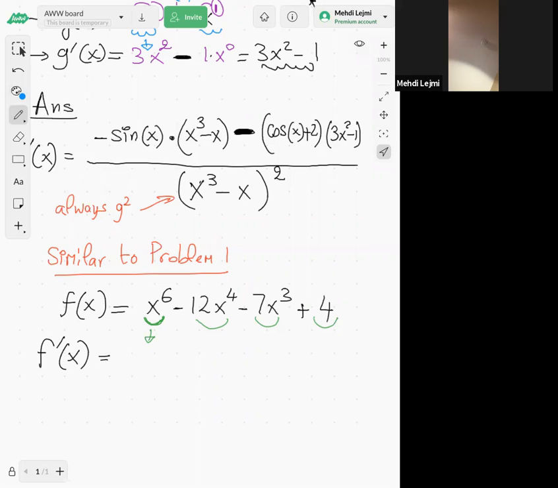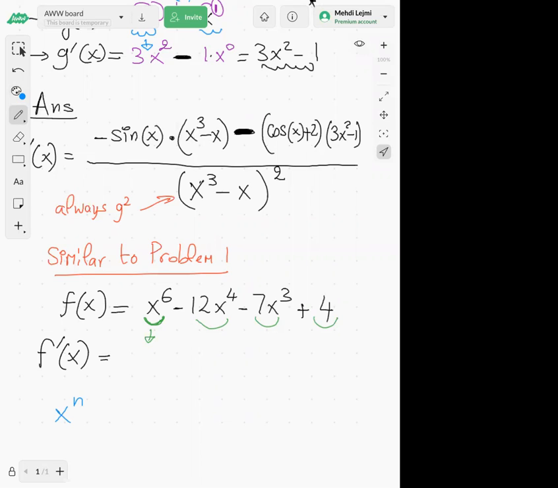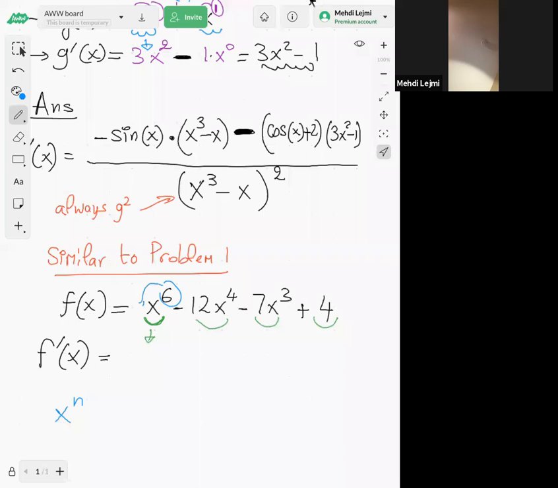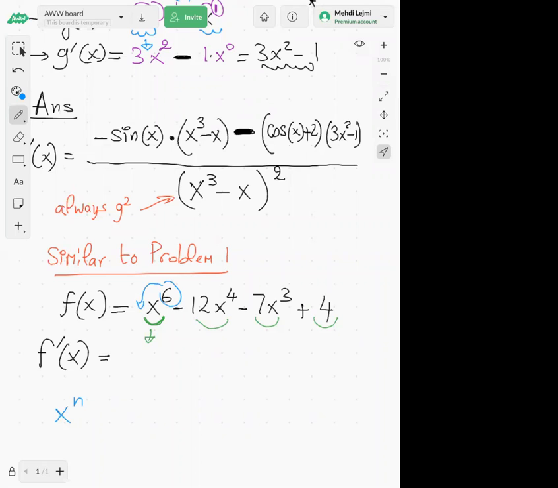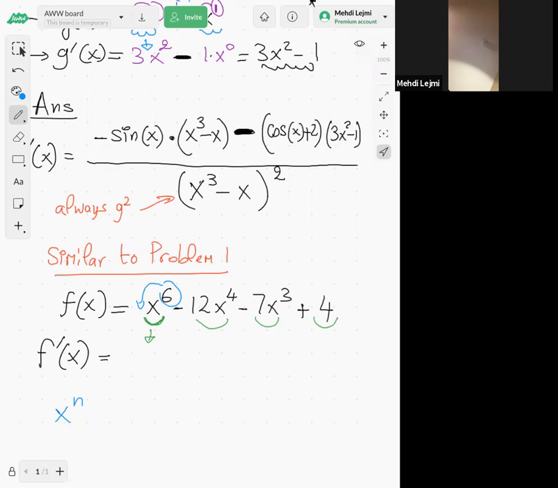If you have x to the power n, you bring down the 6 in front of x and subtract 1 from the power. So it's 6x to the power 5.